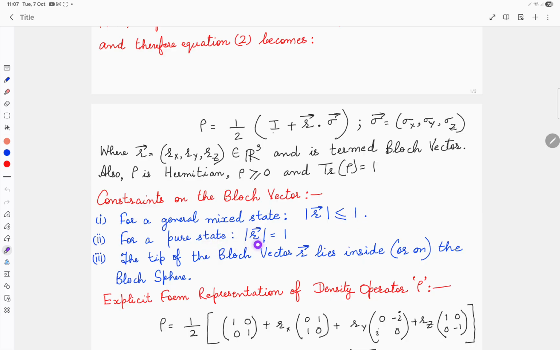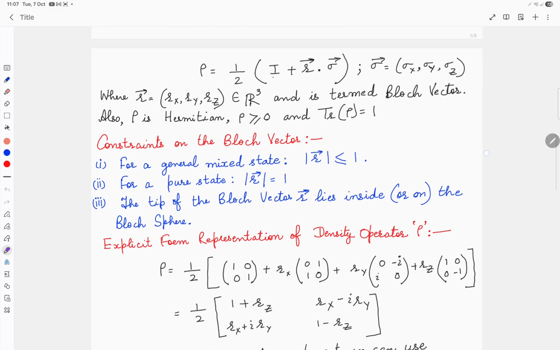But for a pure state, of course, the magnitude of the Bloch vector will be equal to 1. So that's another difference between the mixed state and the pure state: if the magnitude of the Bloch vector is less than 1, surely it is a mixed state, but if it is equal to 1, it will be a pure state.